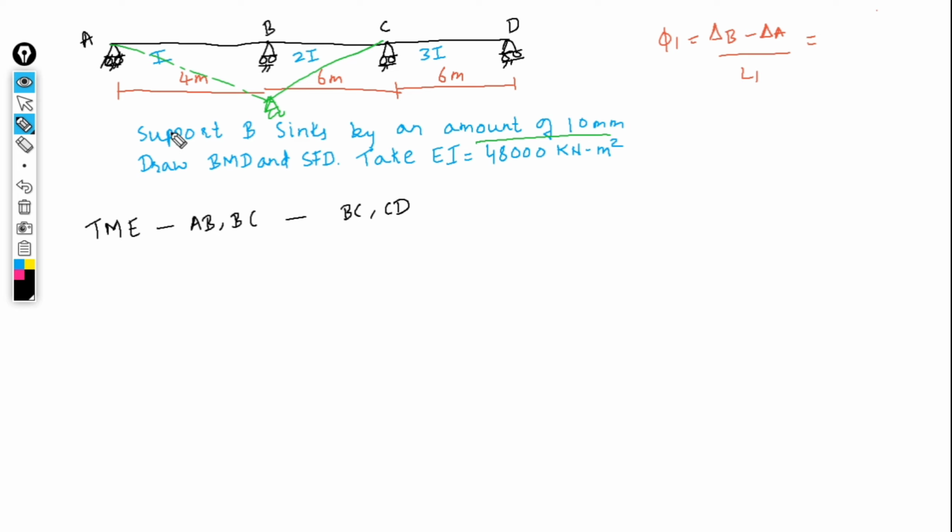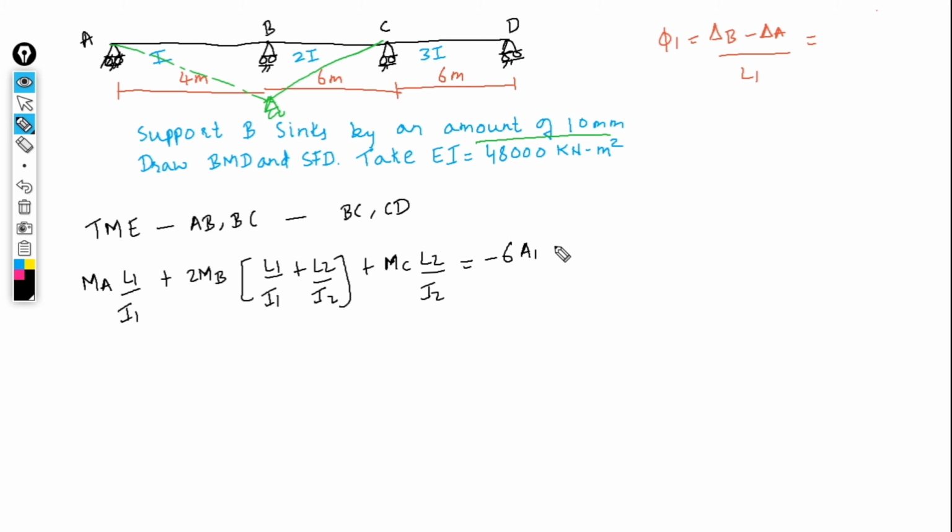When applying it to AB and BC, the equation will be: MA L1 by I1 plus 2MB bracket L1 by I1 plus L2 by I2 plus MC L2 by I2 equal to minus 6A1 X1L divided by L1 I1 minus 6A2 X2R divided by L2 I2.